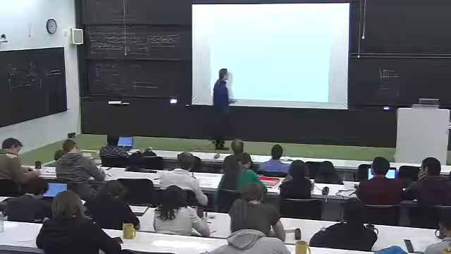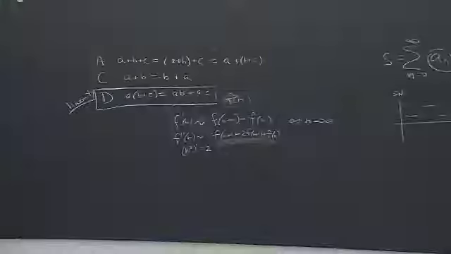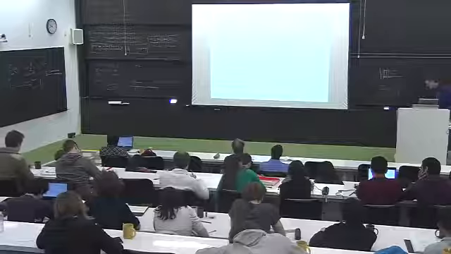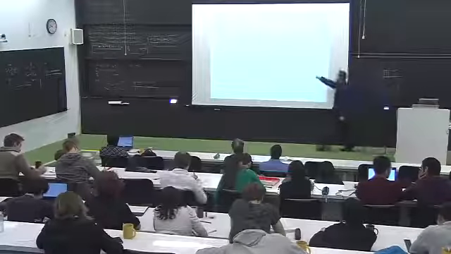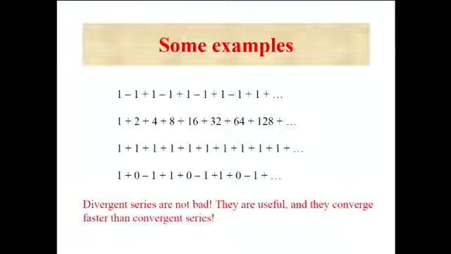Okay, so what I've said here is that divergent series are not bad. As you're going to see, you see this series here? Do you know what you get if you add up this series? You get infinity. There's nothing wrong with infinity. If you happen to add up this series here, you get infinity.